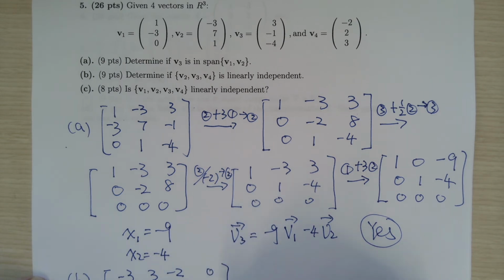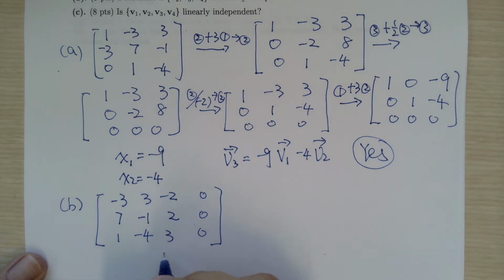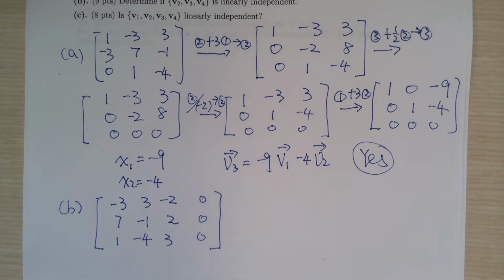If it has only the trivial solution, then we can claim that v2, v3, and v4 are linearly independent. Otherwise, they are not independent.